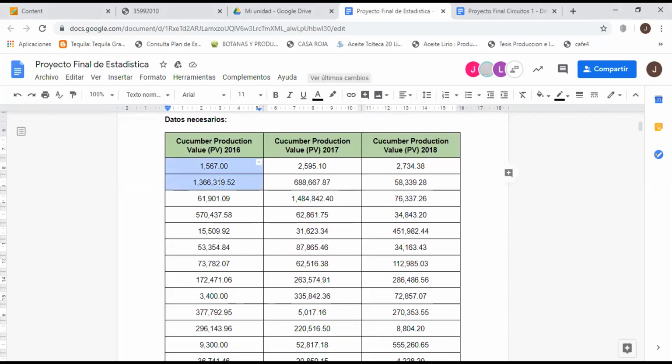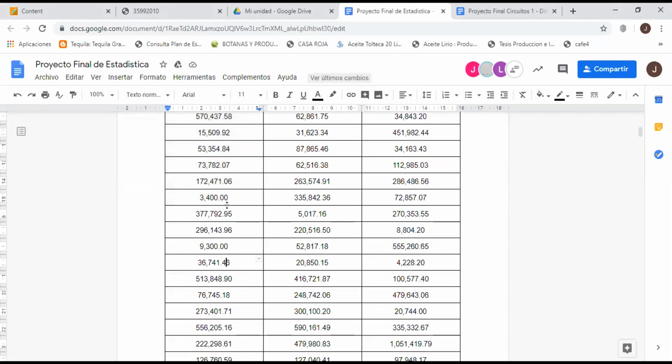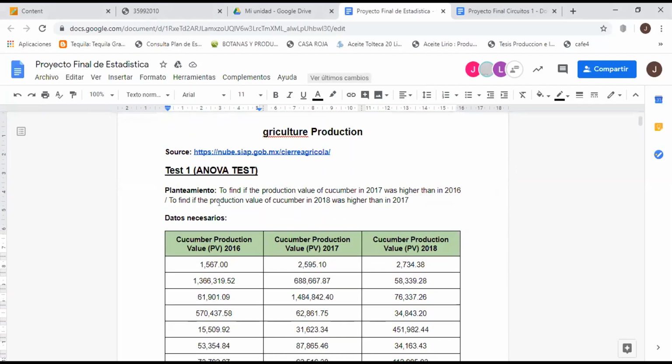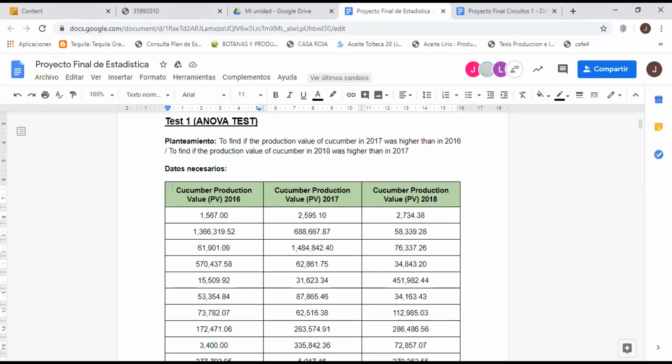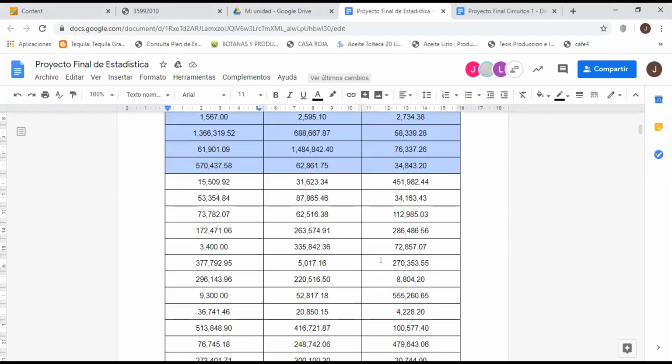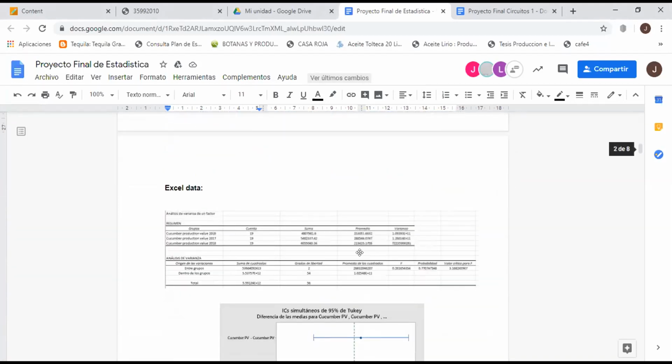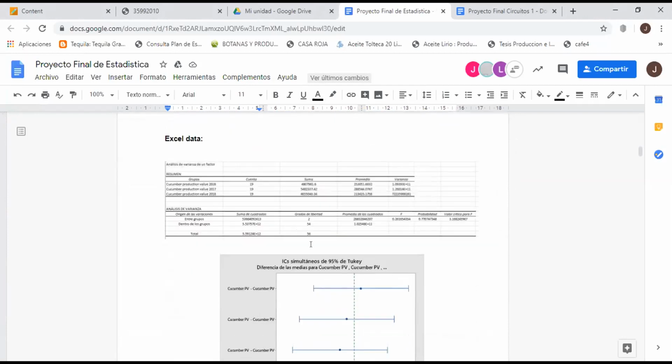There are 19 types of cucumber. So what we did is copy the Excel information into Minitab, and then we compared the values of Minitab and Excel.